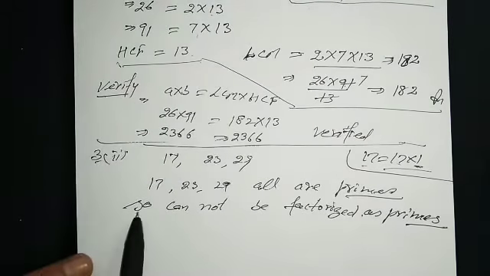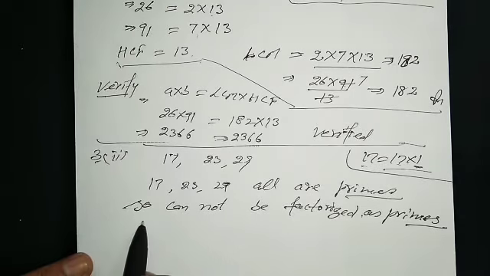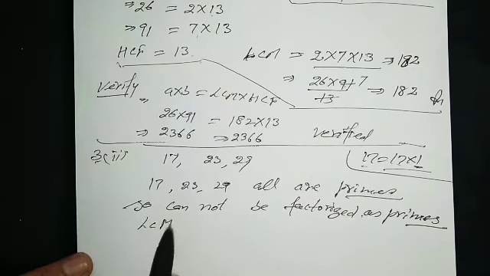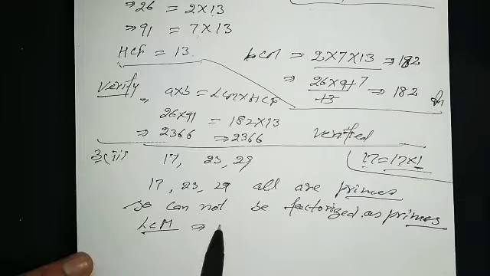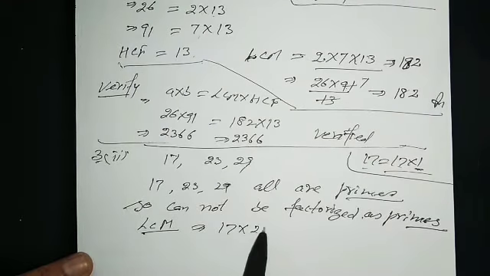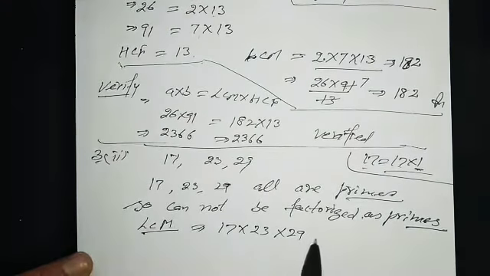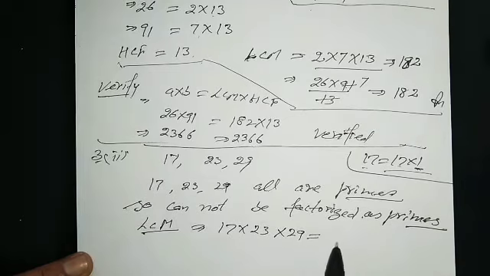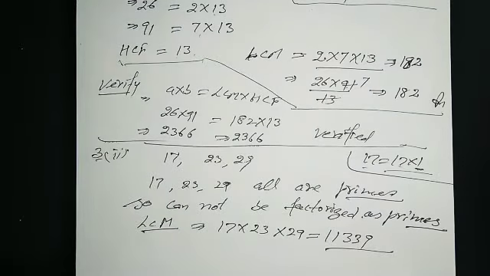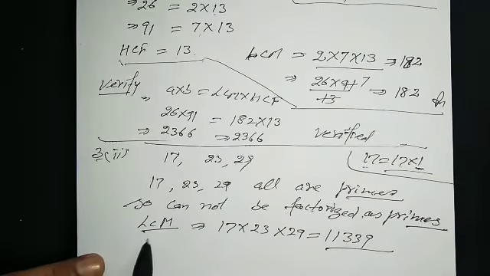Okay, so what is the LCM? LCM will be just 17 multiplied by 23 and multiplied by 29, and the number you will get is 11339. This is the LCM. So again here, what would be the HCF?